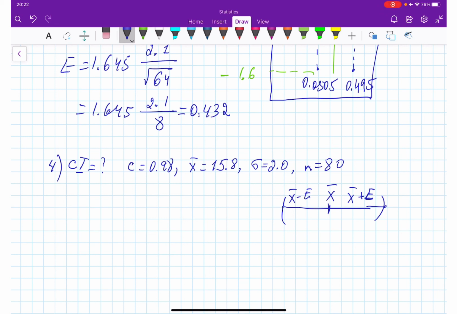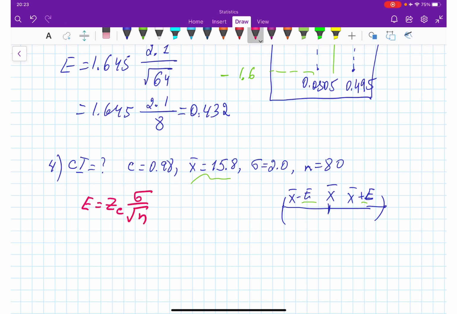So X bar, are we given? Yes. If somebody wants to learn what confidence interval means, please go to the video lecture. So for X bar we have 15.8. Now all we need to find is margin of error, which is equal Z critical times sigma over square root of n.